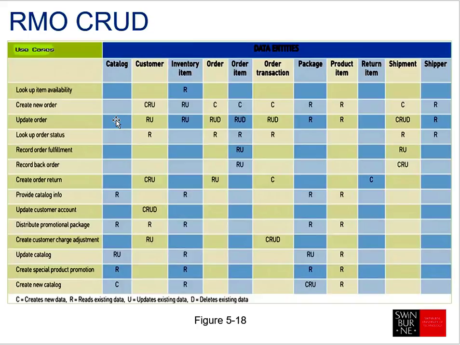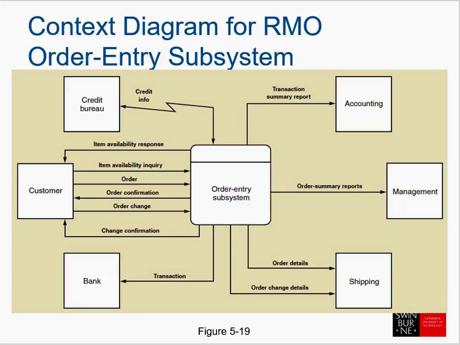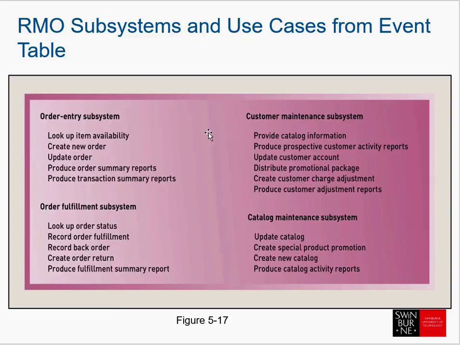Likewise, the business analyst may have refined the events and come up with different sets of use cases. And then the business analyst designed this context diagram for the order entry subsystem. The order entry subsystem, if you go back, is the first subsystem here.